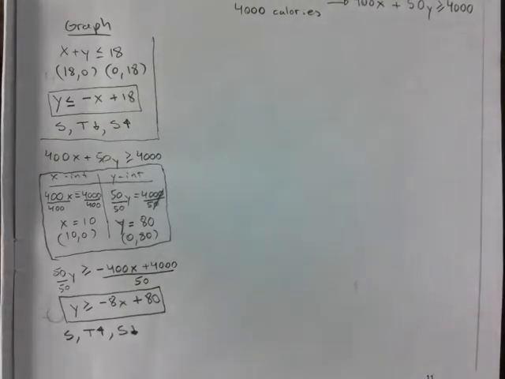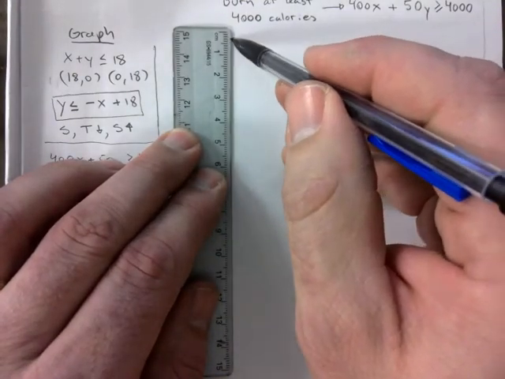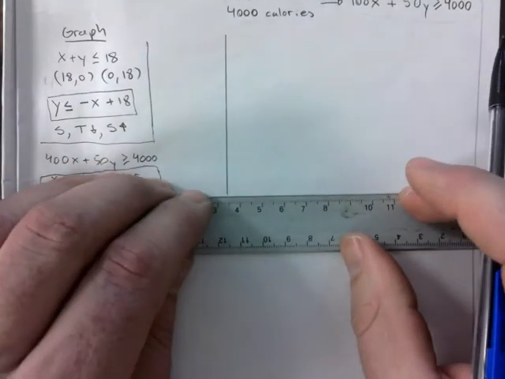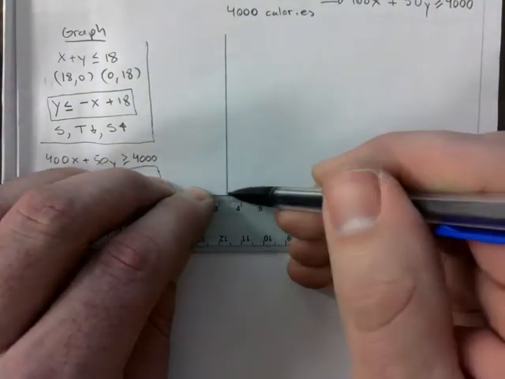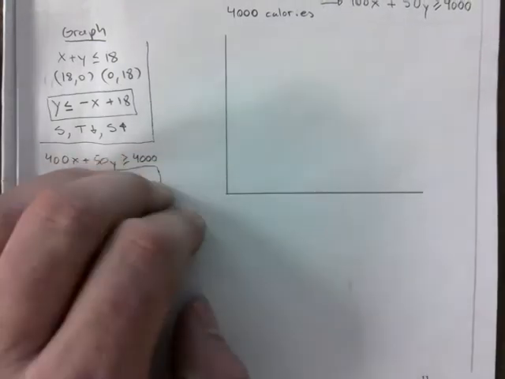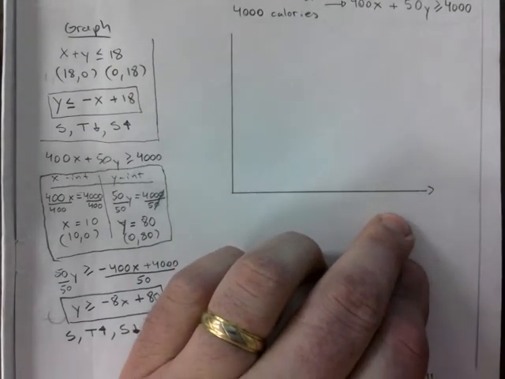Where's my ruler here? Okay, so these ones are actually easier to graph without a grid, if you ask me. It's a word problem, quadrant 1. Just make one of those, right? L, backwards, I guess.